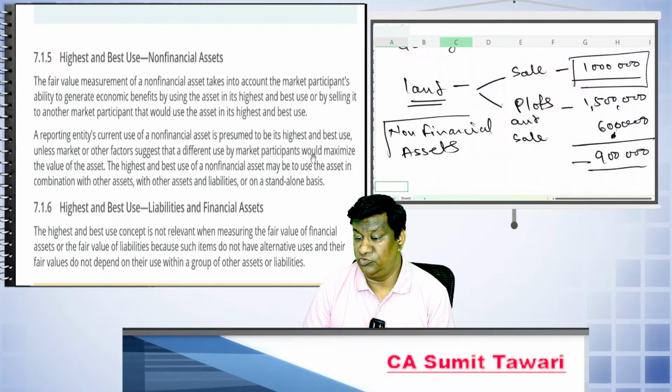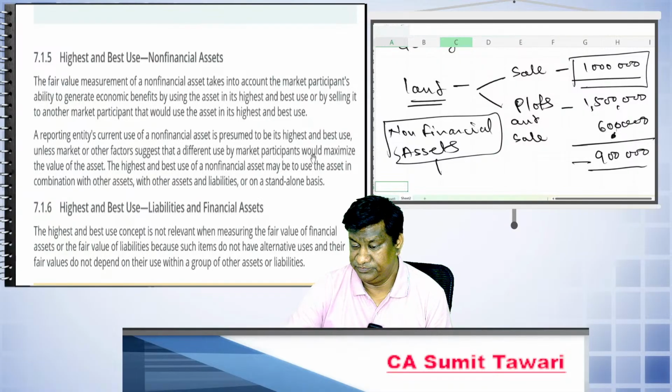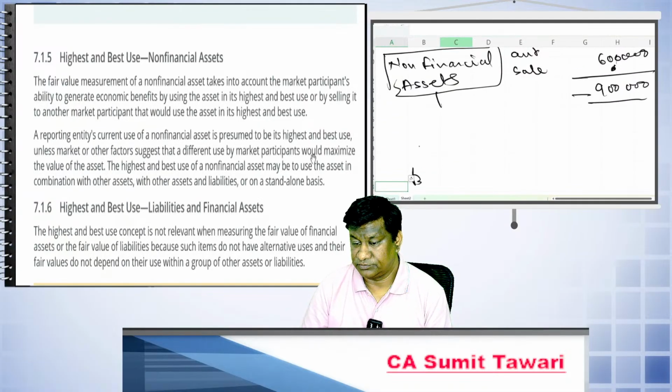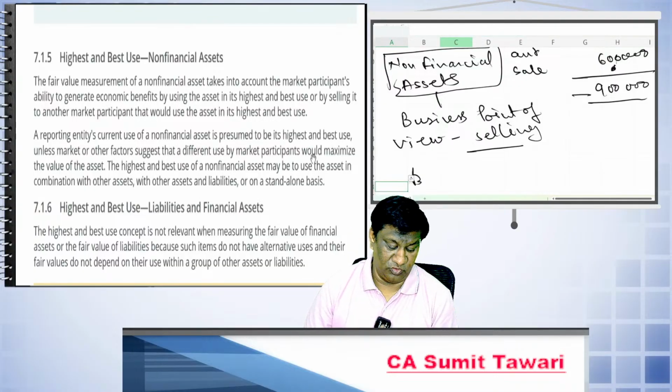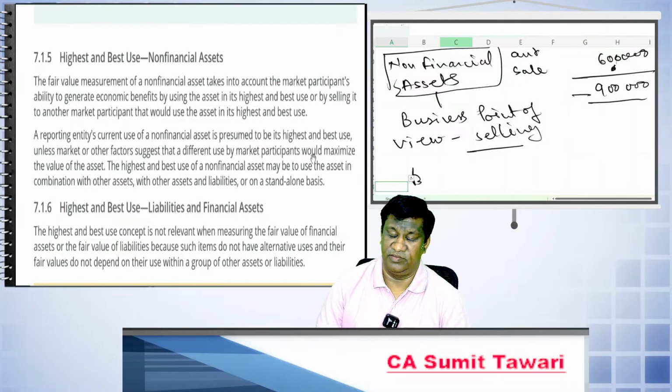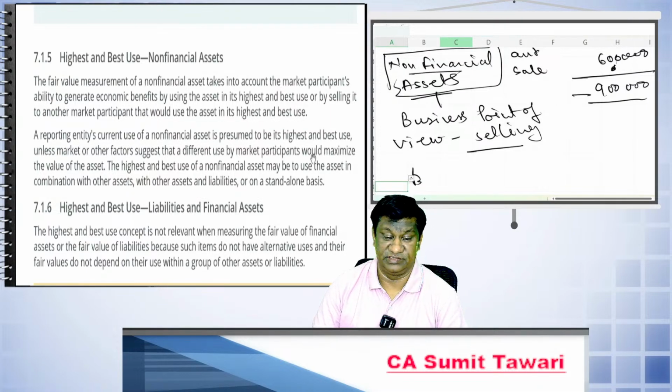See, this is not for active use, meaning we are talking about the business point of view. So we have not purchased it for selling or reselling. We are not planning to create any active market. So that's why it is basically a non-financial asset.